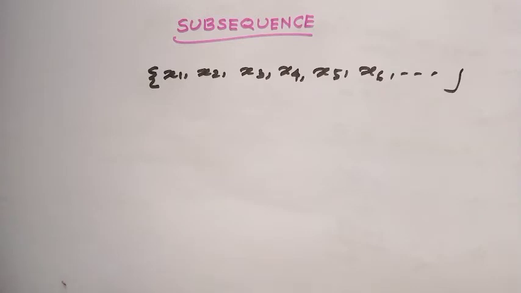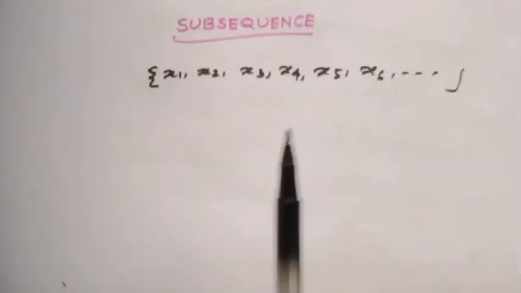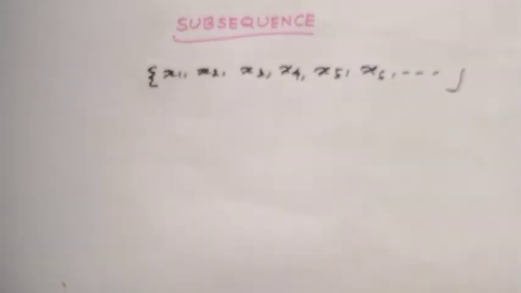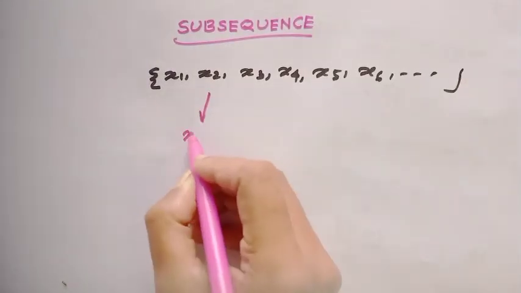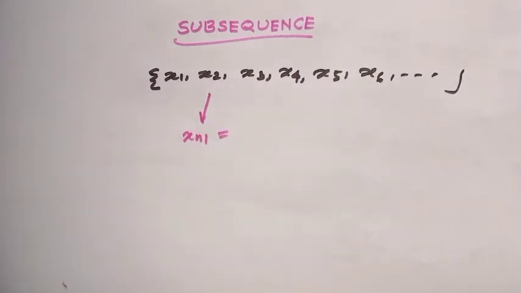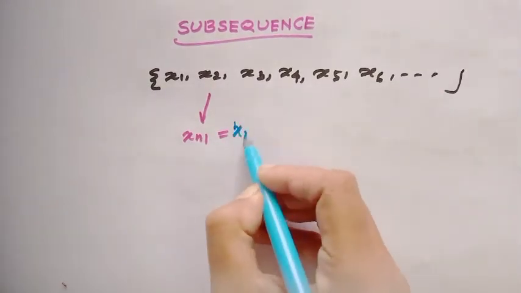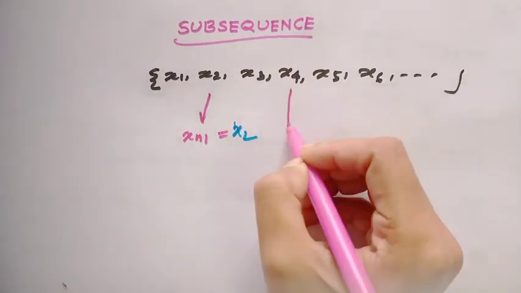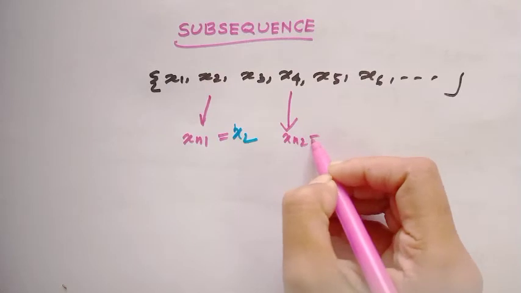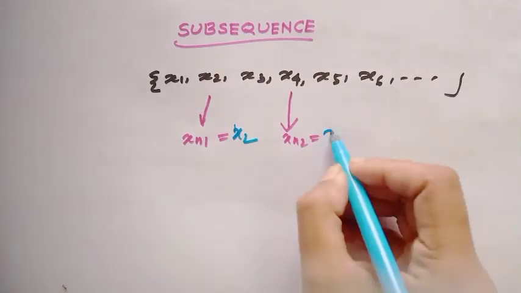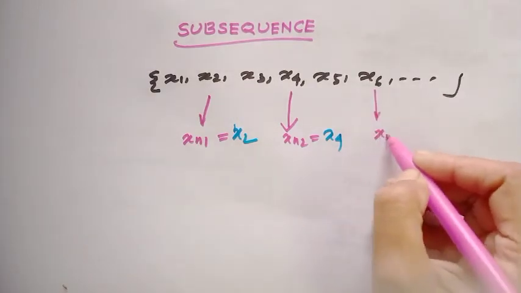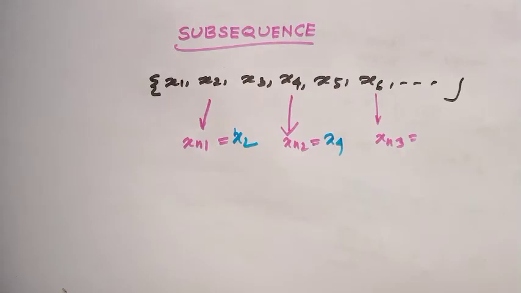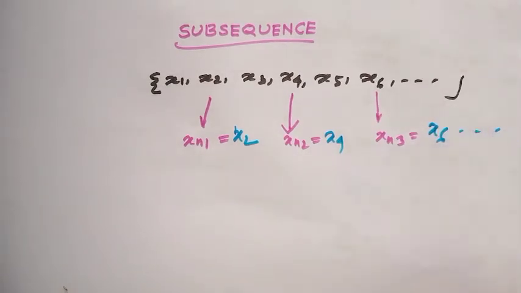What is a subsequence? Let us take a sequence x_n. Now, let me construct a new sequence: x_{n1} equal to x2, x_{n2} equal to x4, x_{n3} equal to x6, and so on.